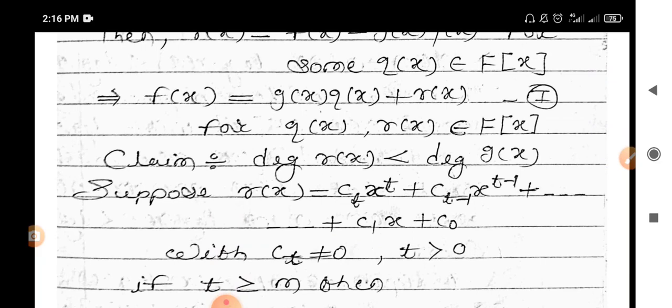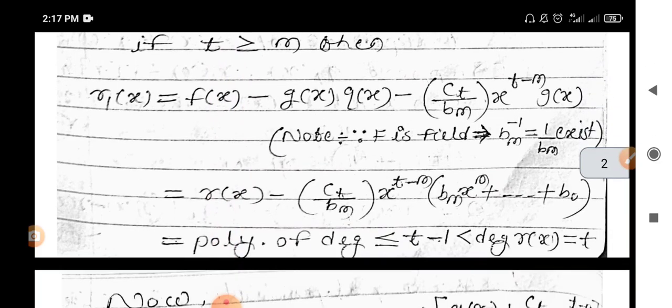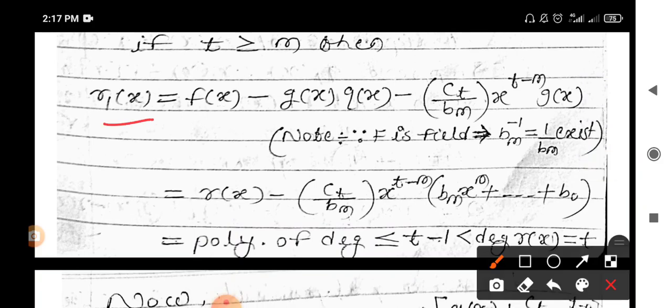So if r(x) is a polynomial, c0 plus c1x plus c2x square plus dot dot ct x raised to t, where ct is non-zero and t is strictly greater than 0. If t is greater than or equal to m, then r1(x) is f(x) minus g(x) into q(x) minus the coefficient divided by the non-zero factor, that is ct upon bm, into x raised to t minus m g(x).